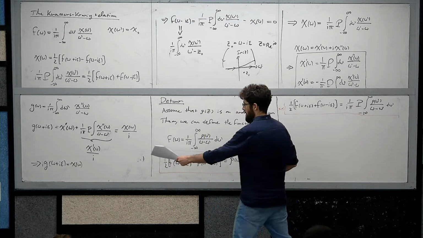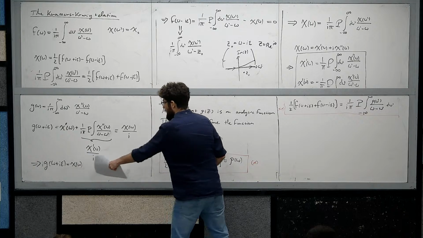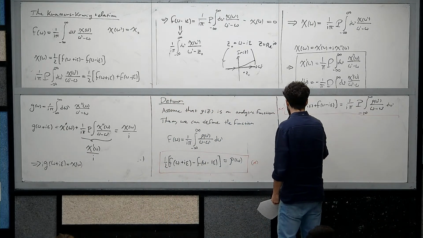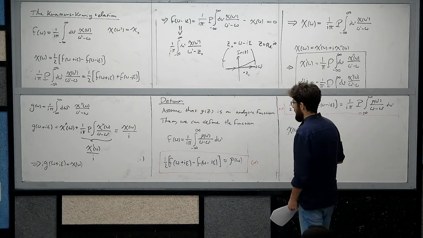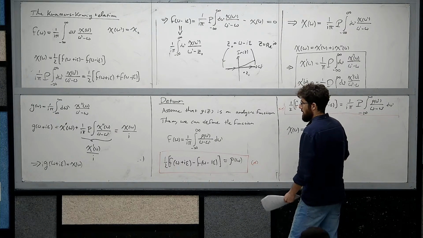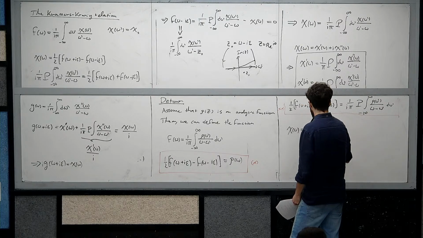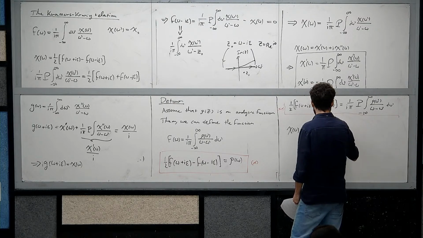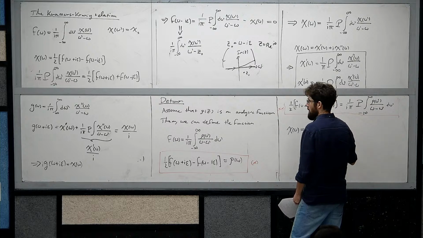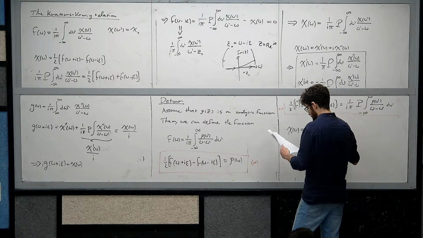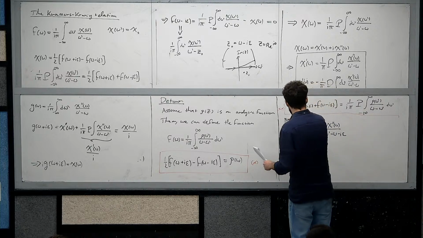The point is that now let me sum this up, so I get that chi of omega is 1 over pi, the integral from minus infinity to infinity, d omega prime, chi double prime of omega prime over omega prime minus omega minus i epsilon.